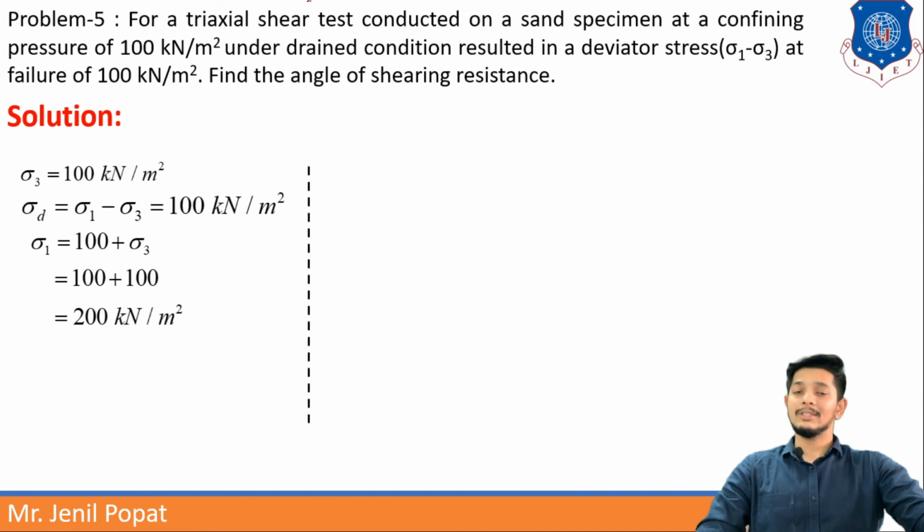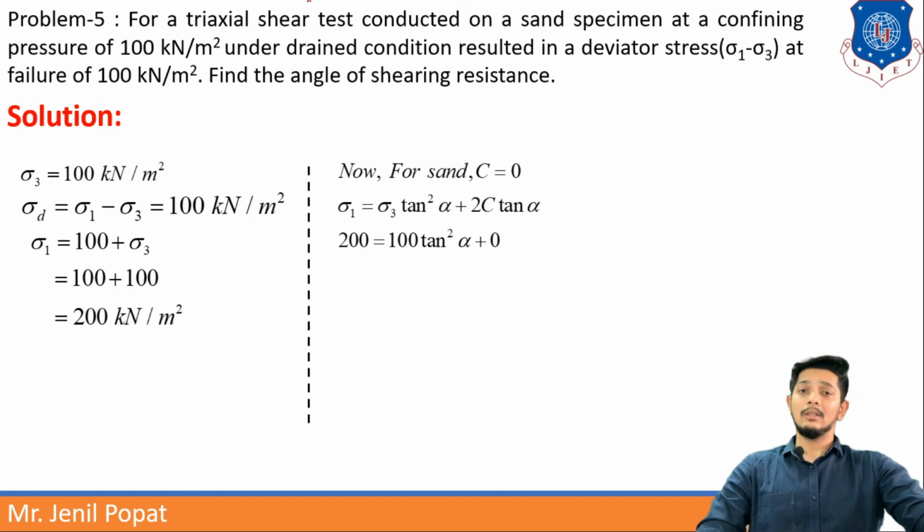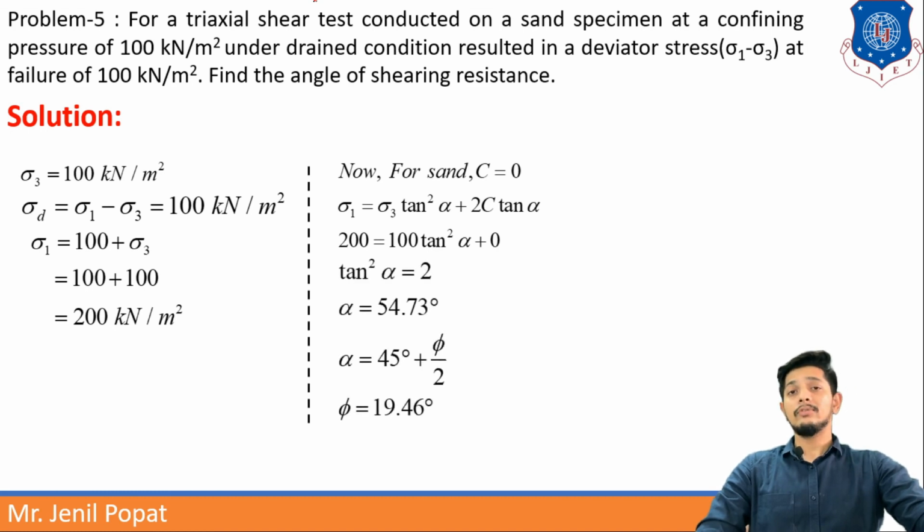Now from sigma 1 I can get alpha, because this is sand, and in sand cohesion will be 0 by default. So C will be 0. Putting in the equation sigma 1 equals sigma 3 tan square alpha plus 2c tan alpha, with C equal to 0, sigma 1 as 200 and sigma 3 as 100, I am getting the alpha value as 54.73 degrees.